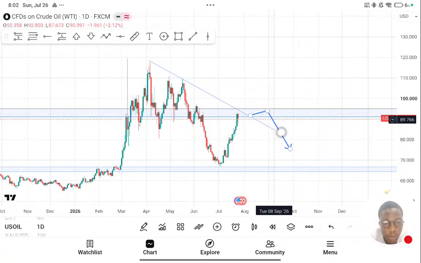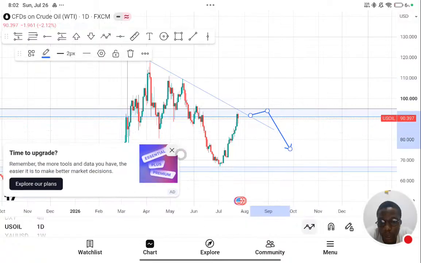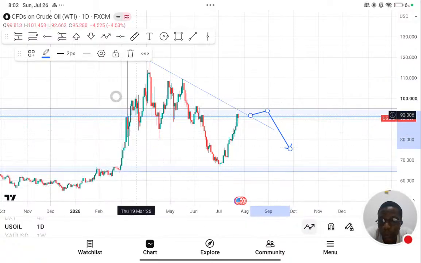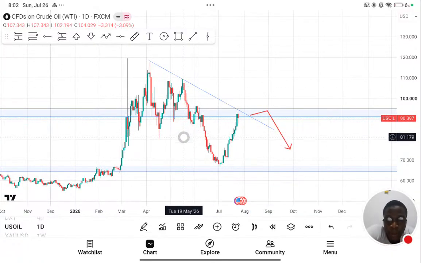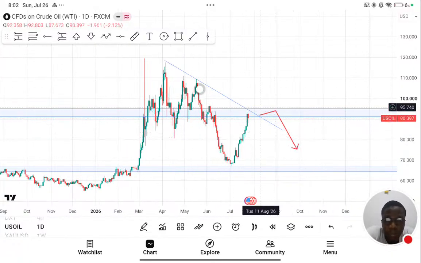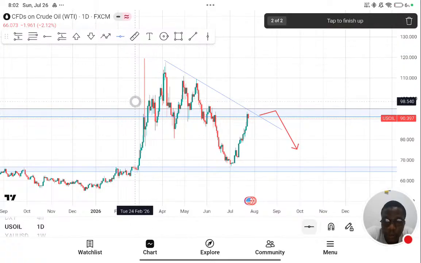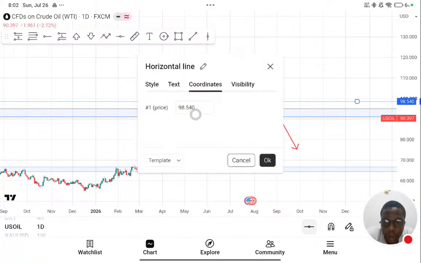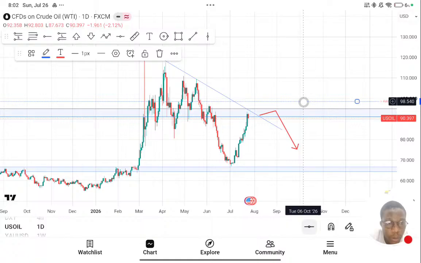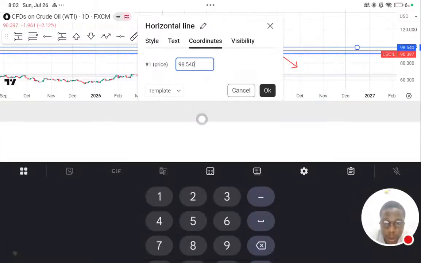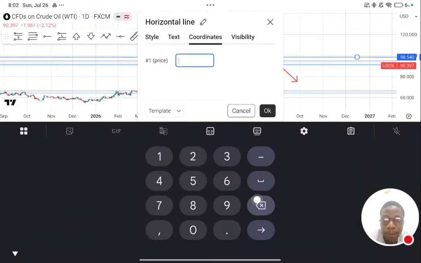So we are seeing some bearish move happening, potential bearish move happening from, I think, 100 is the major psychological level here. Currently it's at $90 per barrel, so $100 per barrel.